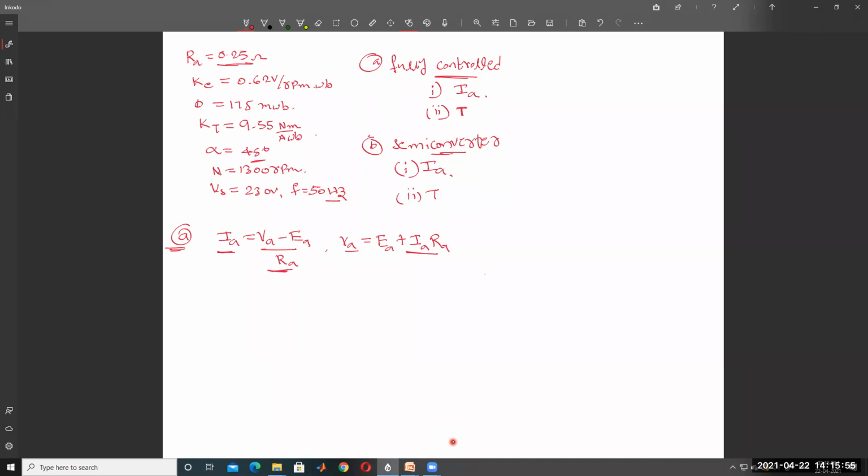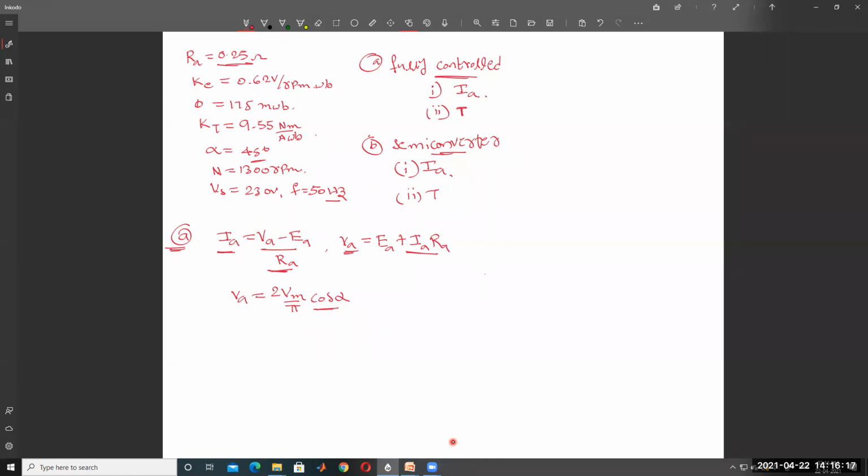How to find Va? For a single phase fully controlled rectifier, Va is equal to 2 Vm by pi into cos alpha. And how to find Ea?